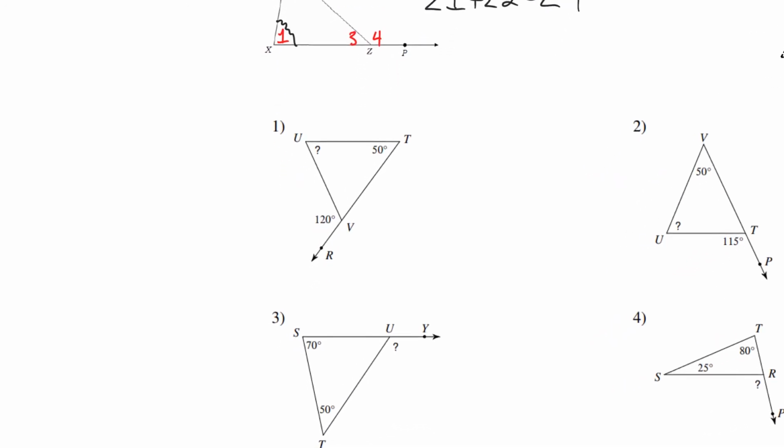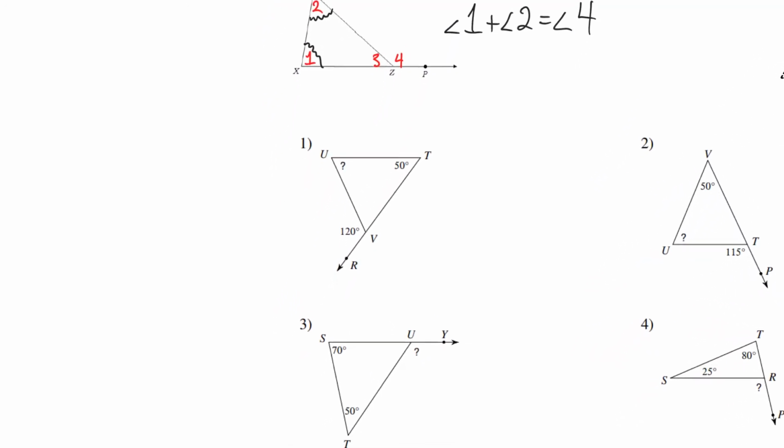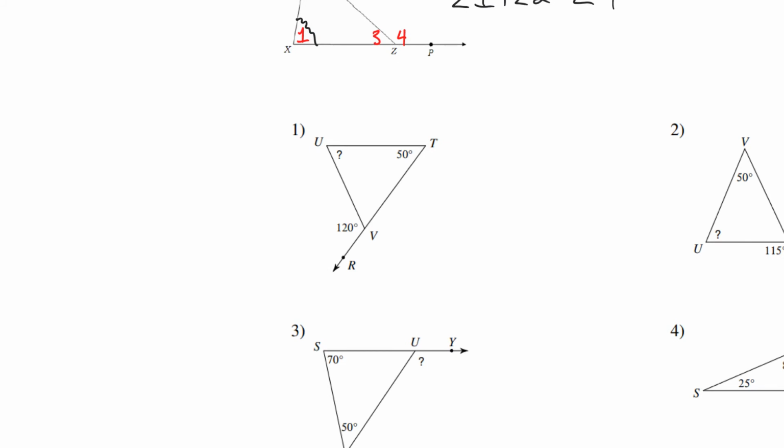There's other ways to do this, but using this little fact makes it a lot easier. So on this one, this angle plus this angle is going to equal this exterior angle over here. So something plus 50 equals 120. Yep, and the answer is 70.